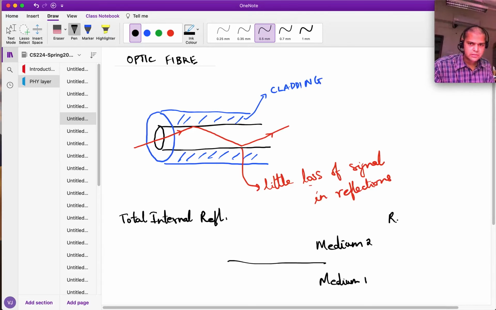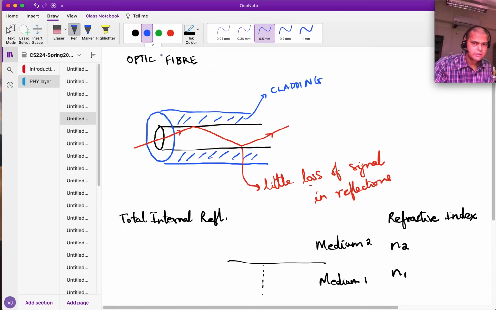And the refractive index, let's say this is N2 and this is N1, and let's say that you have a signal coming in and it comes in at angle theta. So the question is, what should this angle be so that you get total internal reflection, meaning that the signal completely bounces off. None of the signal actually enters the other medium.